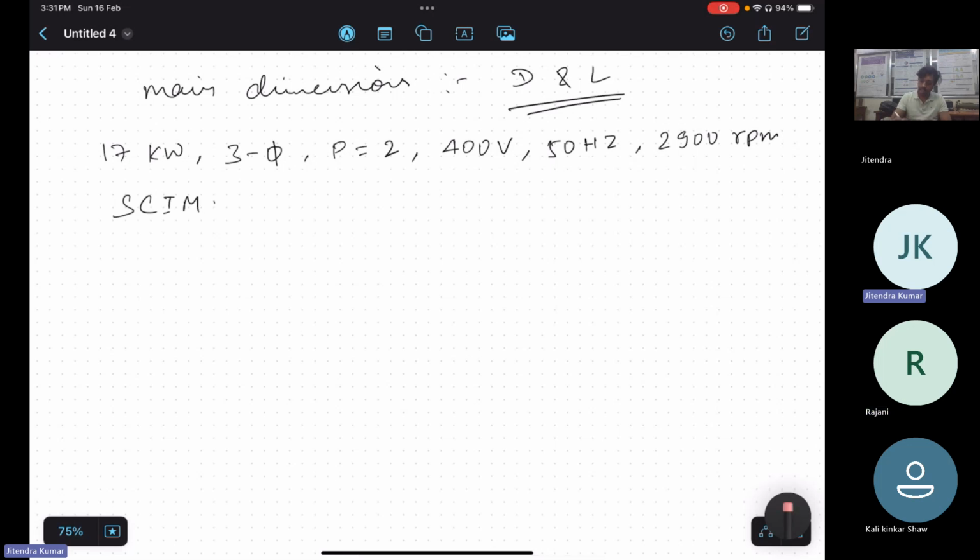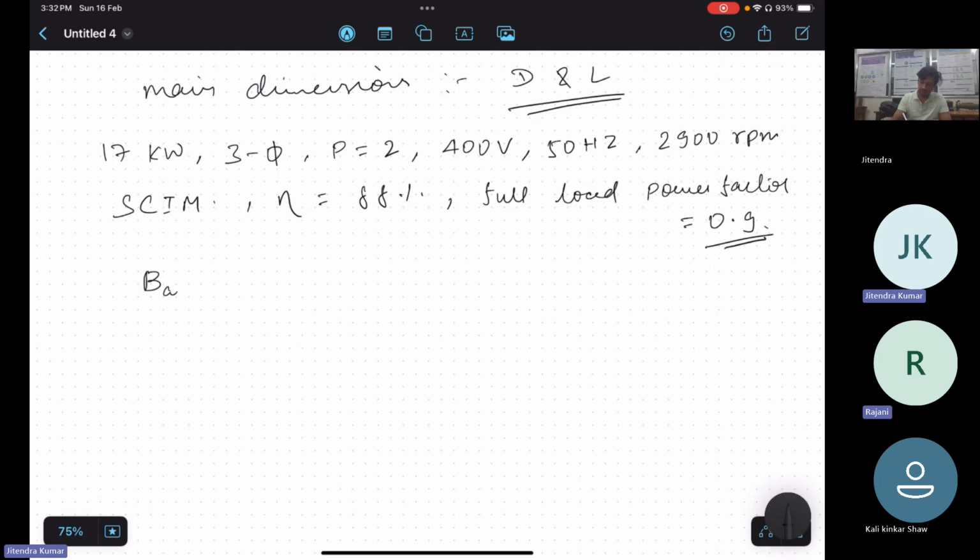Efficiency is given as 88%, and it has a full load power factor of 0.9. Magnetic loading is given as 0.5 Tesla.